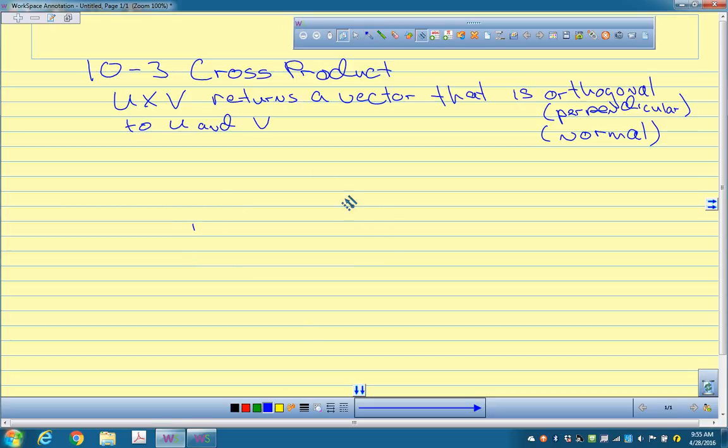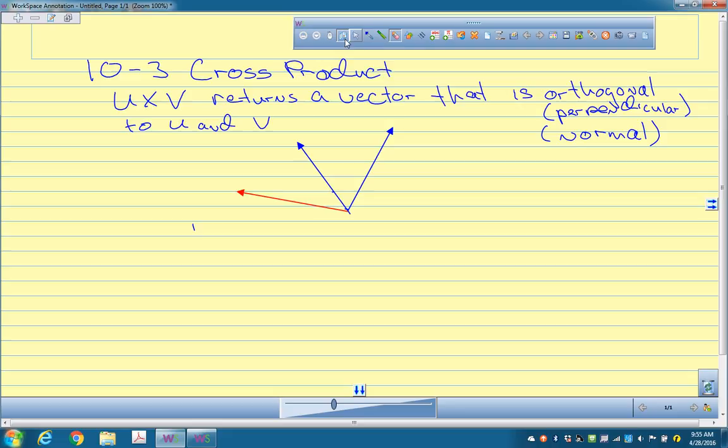So if you have some vector going this way and some other vector going this way, the cross product gives you a third vector. Let me try to draw a picture of it. Let me try that again.